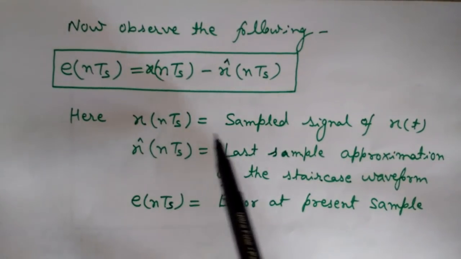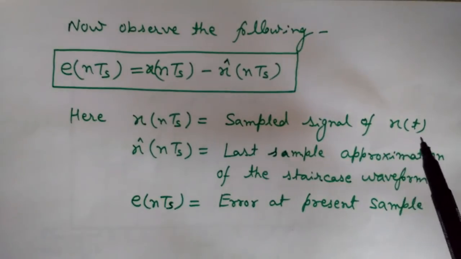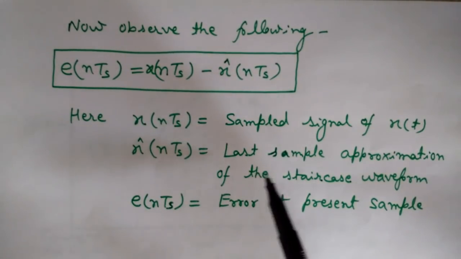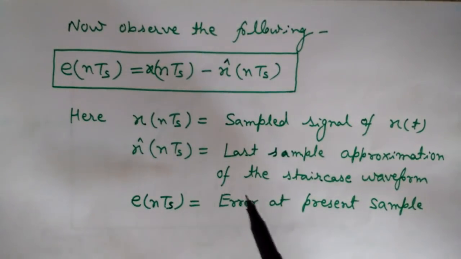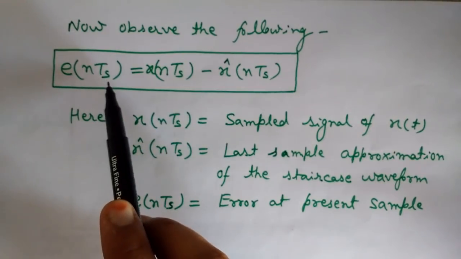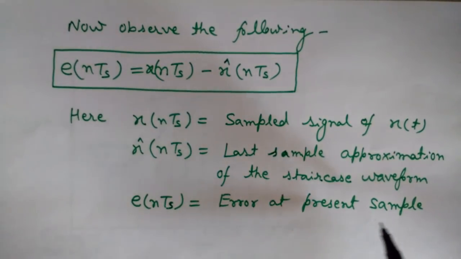Here x(nTs) is the sampled signal of x(t), while x̂(nTs) is the last sample approximation of the staircase waveform, while e(nTs) is the error at the present sample.